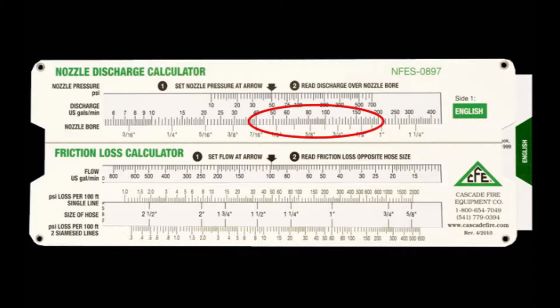You take your gallons per minute and you bump it down to the middle row of the slide. It says set flow at arrow. So whatever your flow was, your gallons per minute, you're going to put on the arrow.